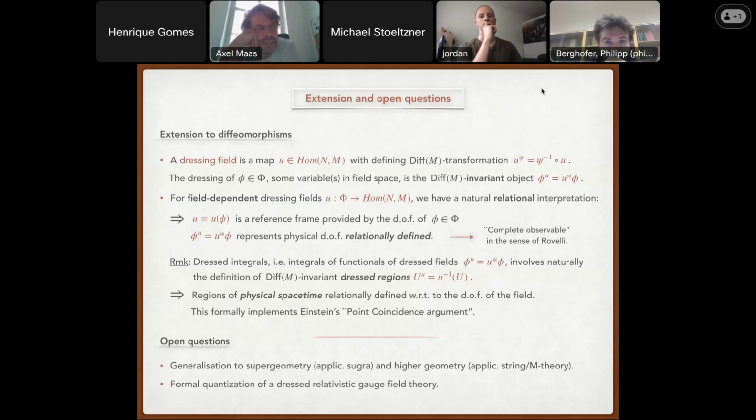But nonetheless, as long as you don't couple anything with spin to it, there is no field argument to distinguish both cases. So really, the dressing field here sounds to me a bit like that.